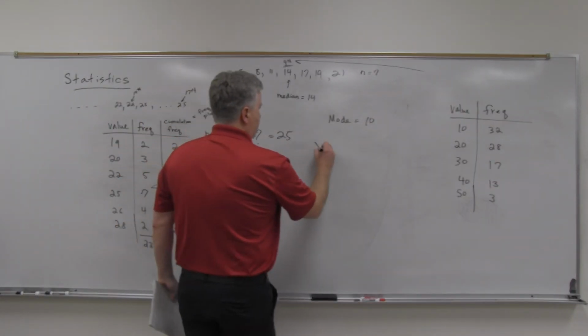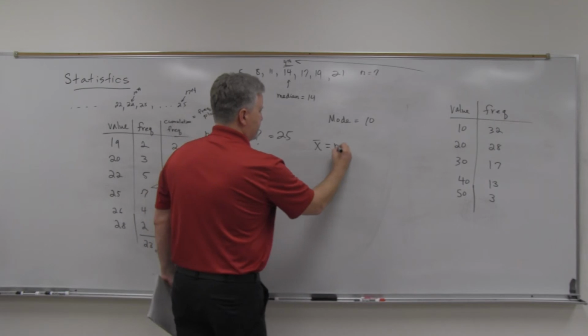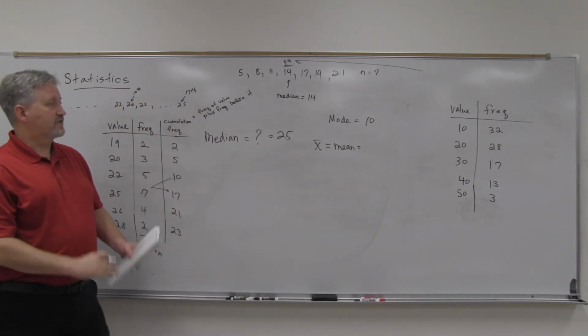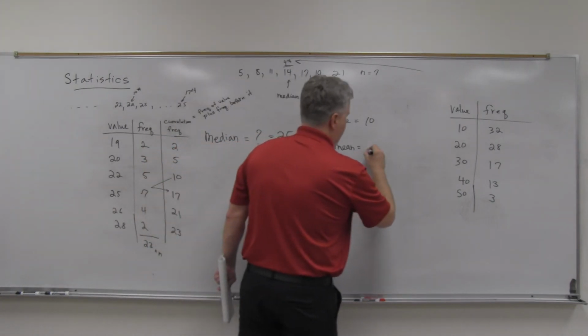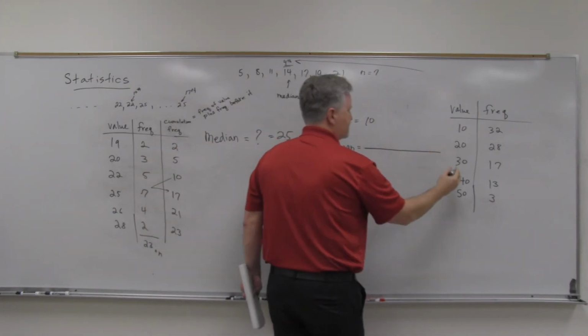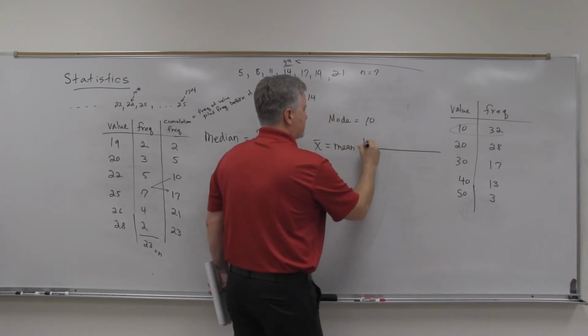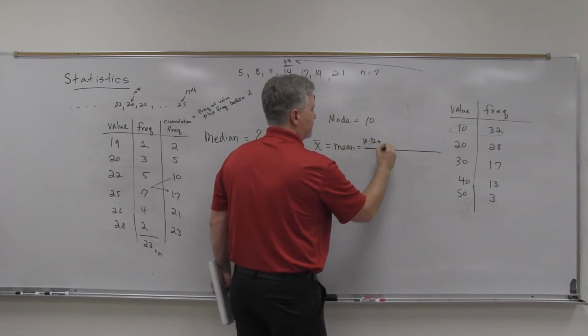All right, what's X bar? Well, that's the mean, which in this case could be referred to as the weighted mean. The way you do that is, yeah, you're going to add up all the values, but in this particular case, to add up all the values, you've got to multiply the value times its frequency, and then add those together.